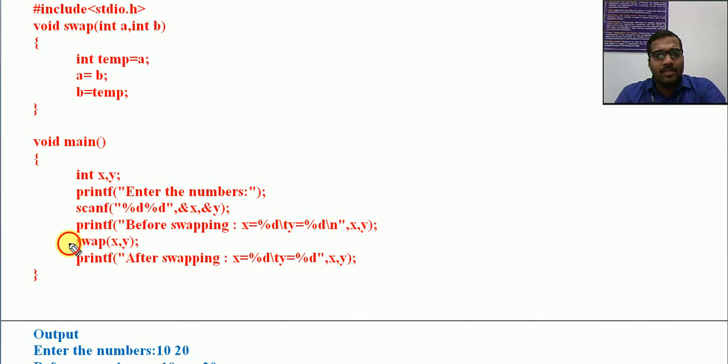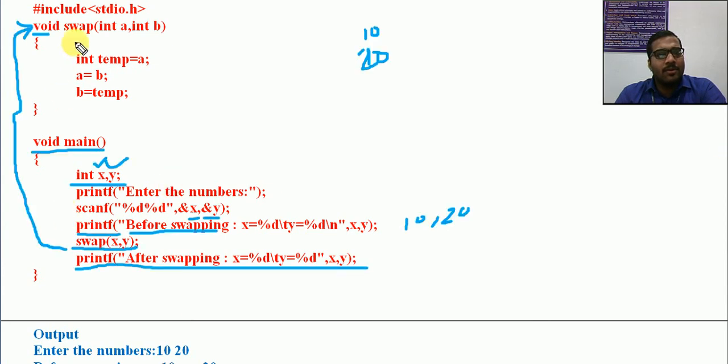So it is calling the function swap. Void is the type, swap is the name, then these are the formal parameters, int a comma int b. If somebody is calling swap, the first value it must receive is an integer.